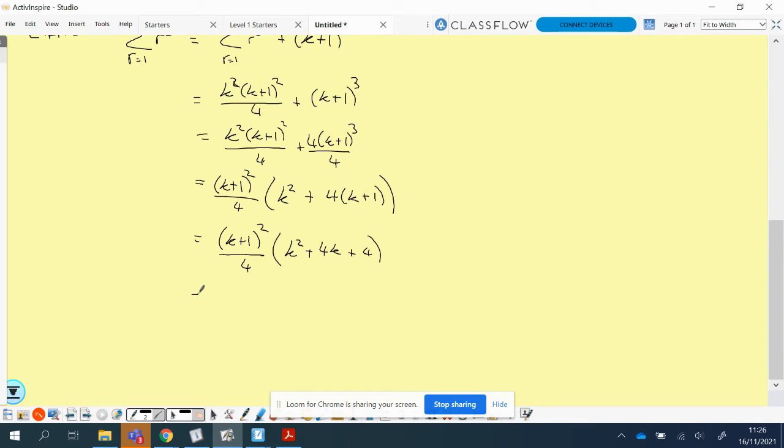And that trinomial factorises as (k plus 2) multiplied by (k plus 2), so I've got (k plus 2) squared.